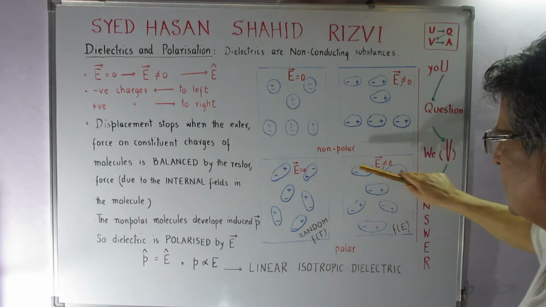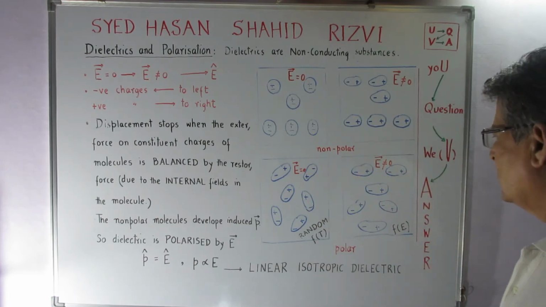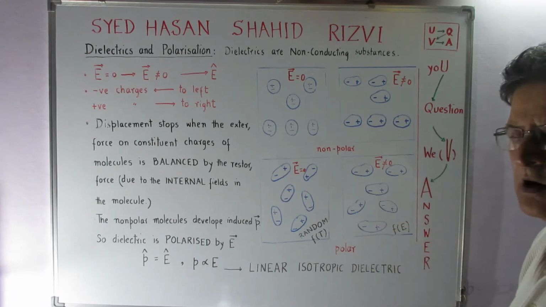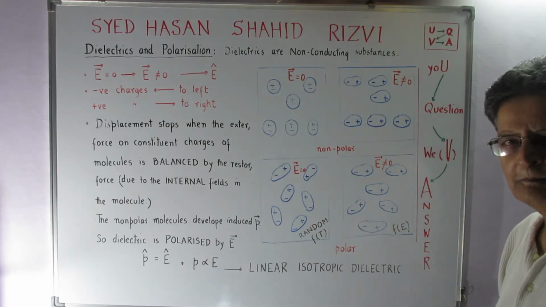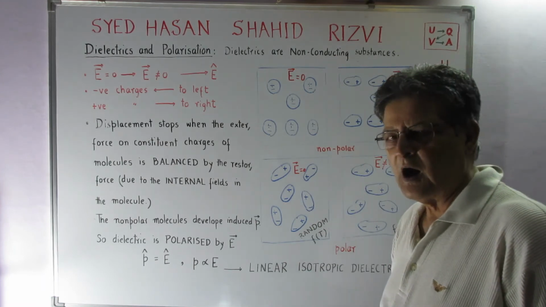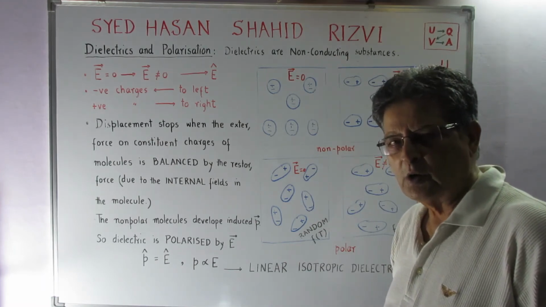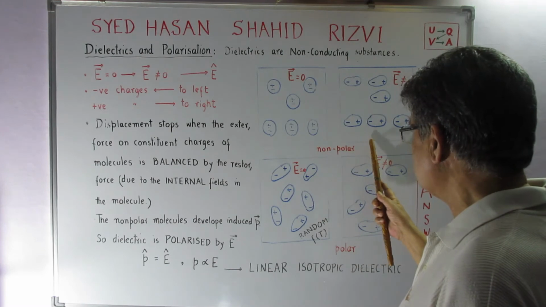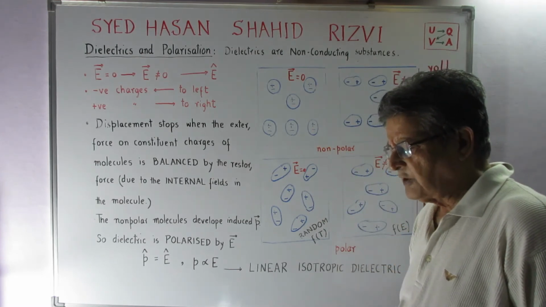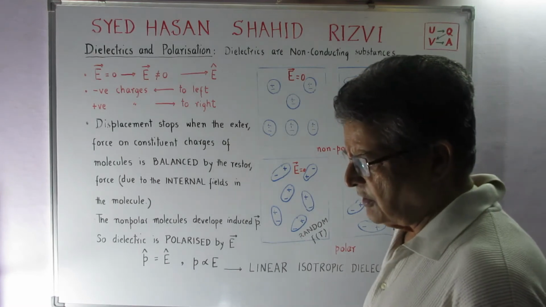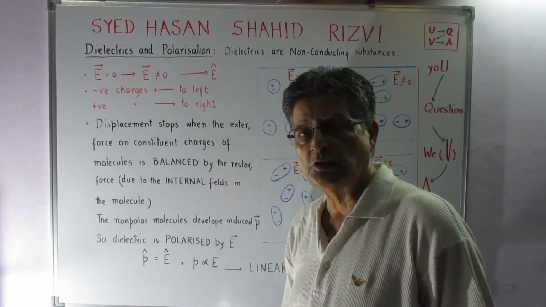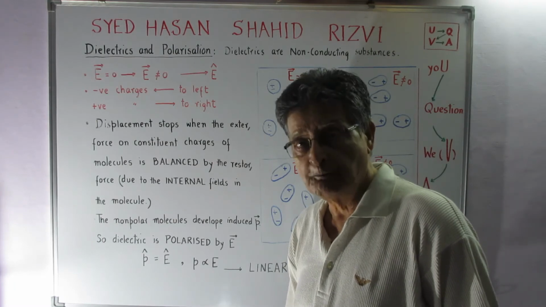Okay, the positive charge on this side, negative charge on this side. These polar molecules are like your mother, and the non-polar molecules are like you. So there is a substantial change in this value. For example, when I say that you have 600 rupees with you and I give you 500 rupees, it becomes almost double.